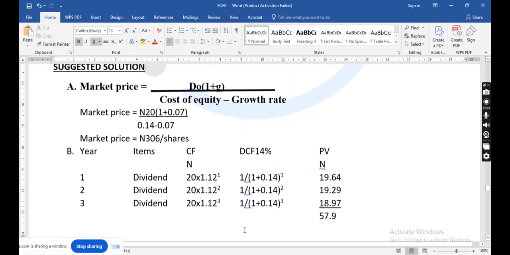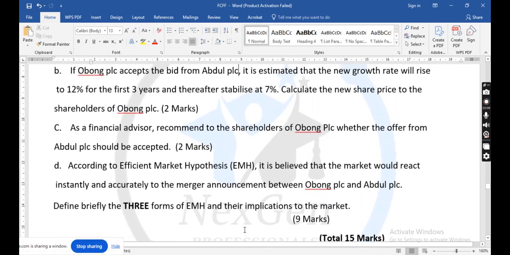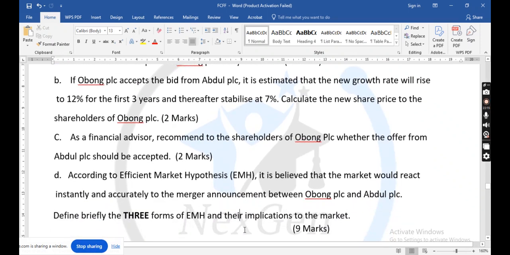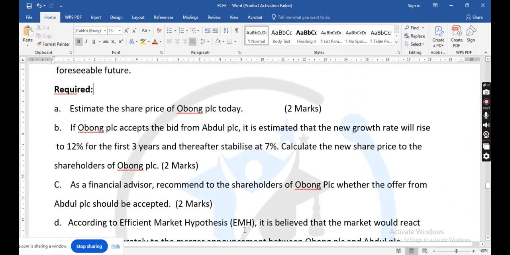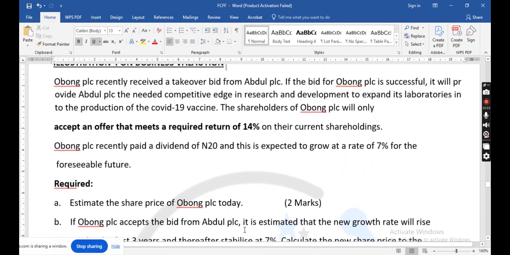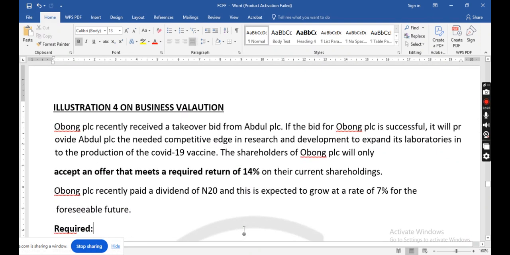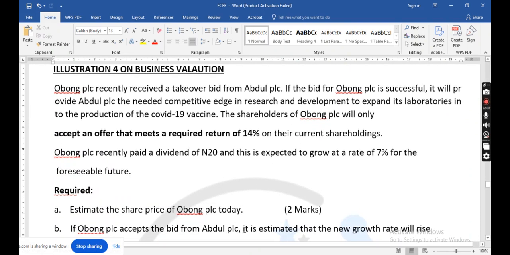Okay, so this is 2 marks. This is 2 marks. 2 plus 2, that is 4. And lastly, as a financial advisor, don't forget, we were told that Obong PLC recently received a takeover bid from Abdul, which means that Abdul wants to take over Obong.